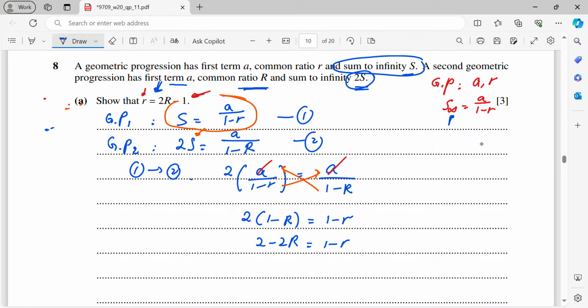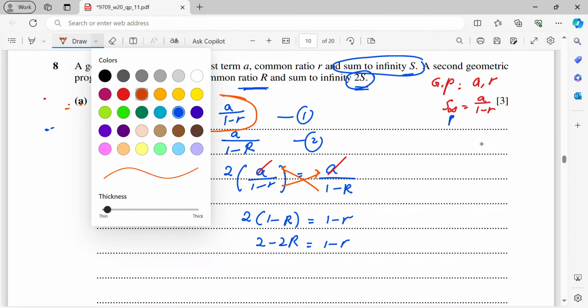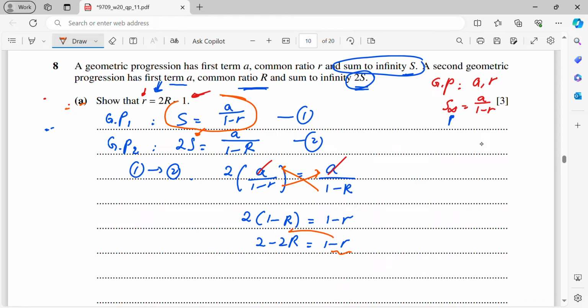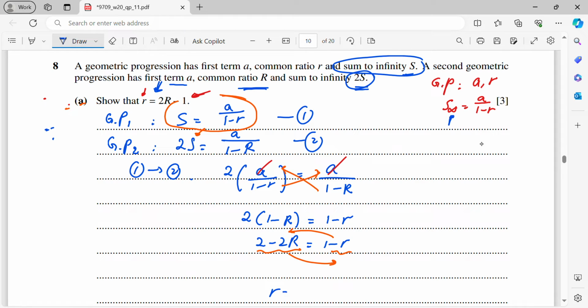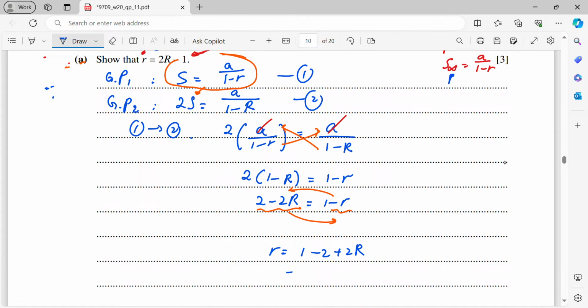To get r as the subject, this minus r I will move to the left side, and all these terms will be moved to the right side because I need to get positive r. So positive r is 1 minus 2 plus 2 capital R. That means it will be minus 1 plus 2R, and now I rearrange. That becomes 2 capital R minus 1. So that is my solution.